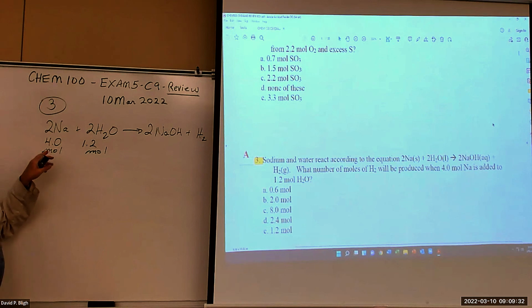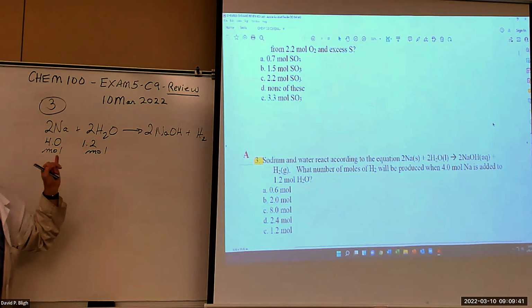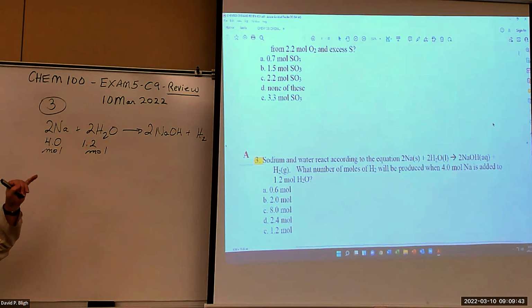Whenever you're given, once you balance the equation, if you're given definite amounts of reactants like this, then you can be pretty sure one of them is limiting. So we need to find out which one's limiting.